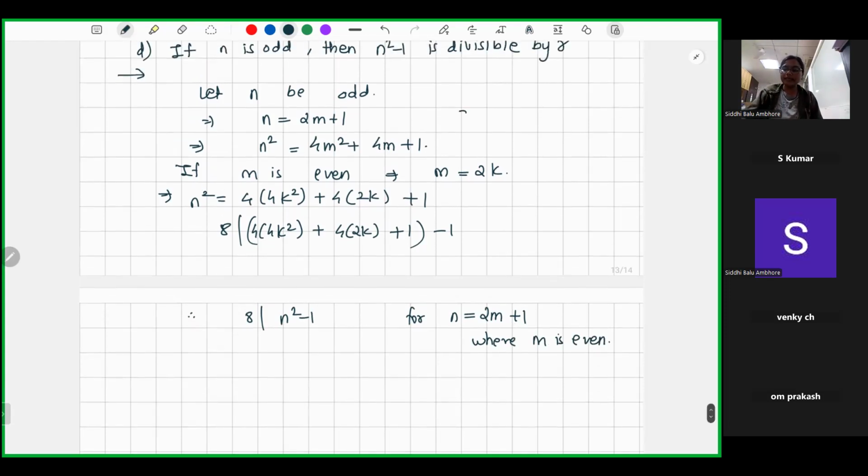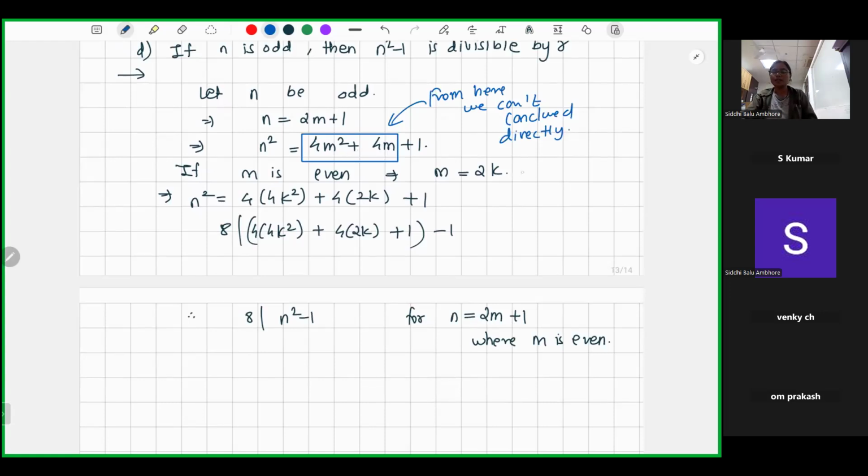See, from directly here we can't conclude that this is divisible by 8. We can't conclude directly, because if this m is odd, then this 4m need not be a multiple of 8.